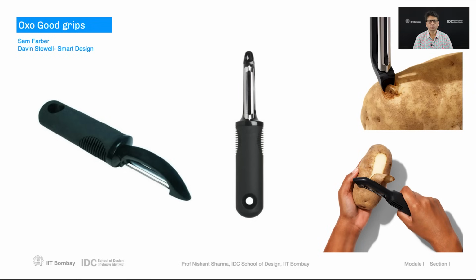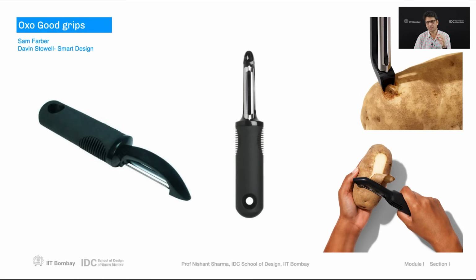Let's firstly talk about the award-winning OXO Good Grips Peeler, a culinary innovation that was developed to address common kitchen discomforts. It was designed by Sam Farber in 1990, and it emerged from his wife's long-lasting struggle with arthritis. The distinctive design features a soft, non-slip and slightly oversized handle that accommodates various grip styles.